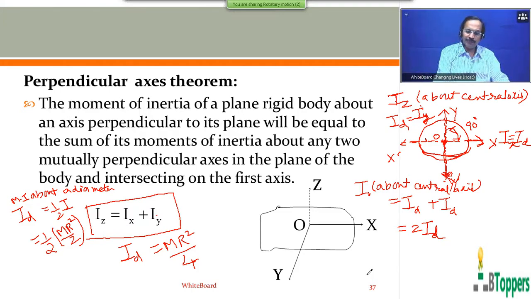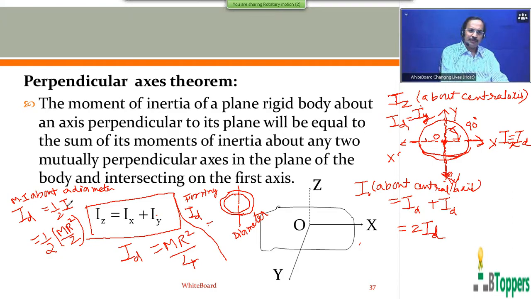So if you consider a thin uniform circular ring, the moment of inertia of the thin uniform circular ring about a diameter can be written as equal to half of the moment of inertia of the circular ring about its central axis of symmetry.